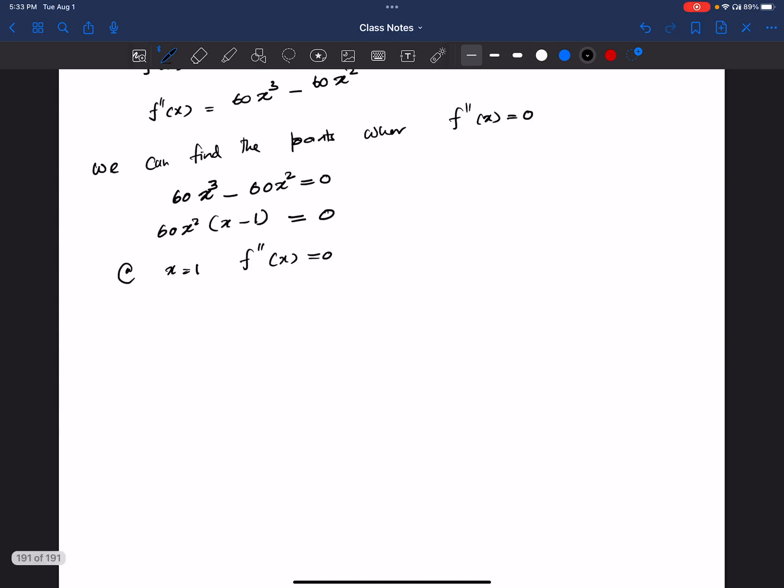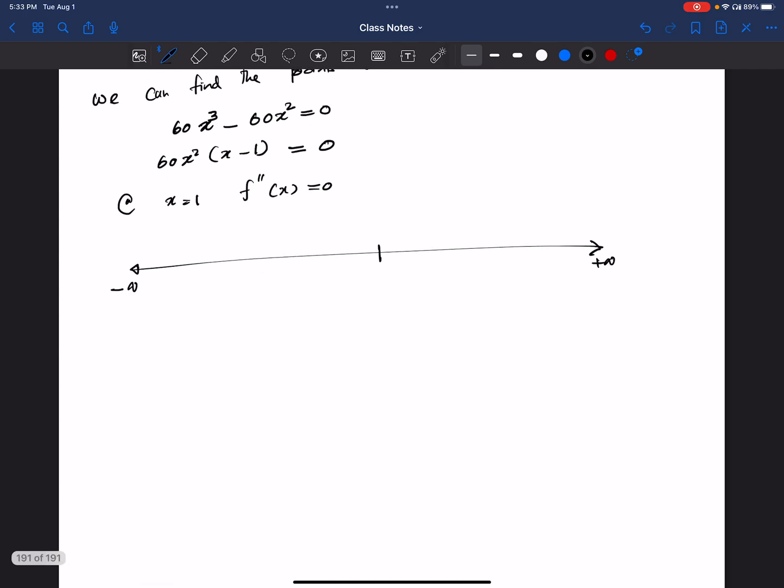But let's see. So we have 1, negative infinity to positive infinity, and that's 1. So we divide into two regions, negative infinity to 1 and 1 to... x equals 0 is also another point, right? x equals 1 and x equals 0, f double prime of x equals 0, right?